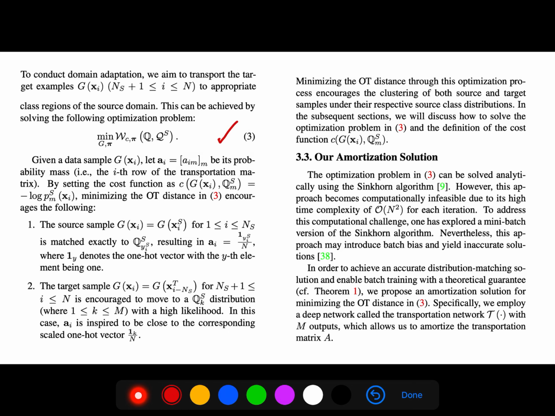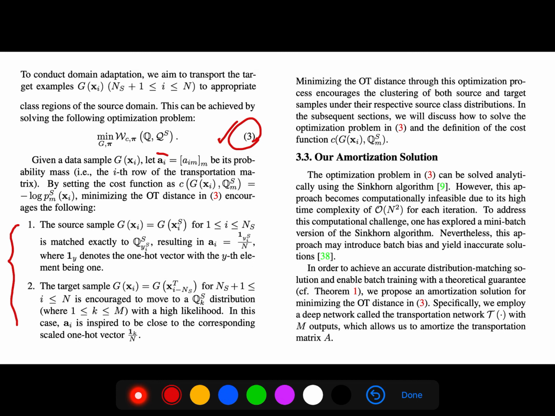So, given a data sample G of xi, and let ai be its probability mass, the ith row of the transportation matrix. By setting the cost function as C equal to minus log of P sub M, minimizing this optimal transport distance encourages the following two things.